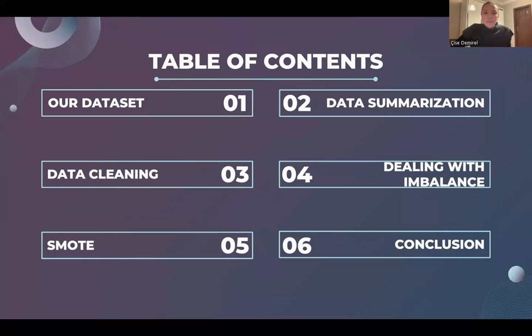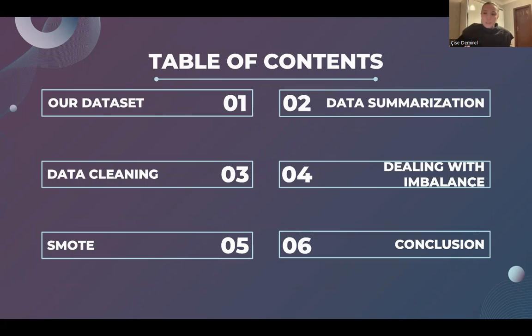Here you can see the content of our presentation. First of all, we start with the brief description of our dataset, and then we will summarize our data. And we did some processes in order to clean our data in the third part of our presentation. You will see the data cleaning that we did before.